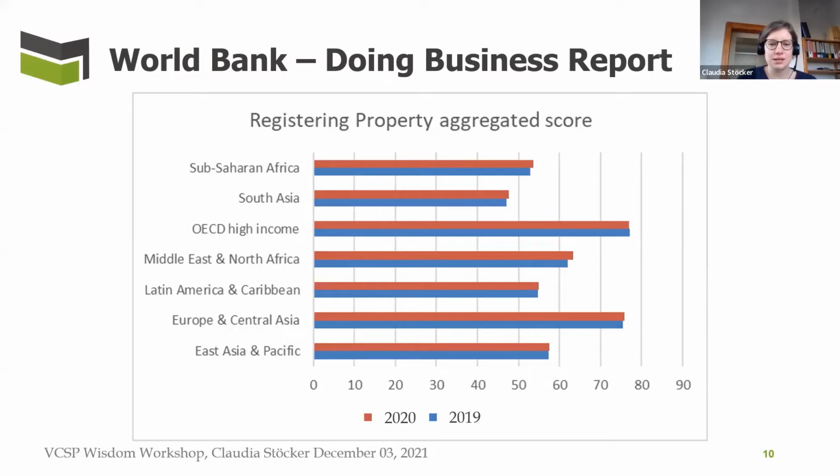What we see here is that most regions really enhanced their registering property score and had a positive development in that regard. And of course, when you want to dive further into the reasons for this better score, you can dig into the different dimensions that I just mentioned.